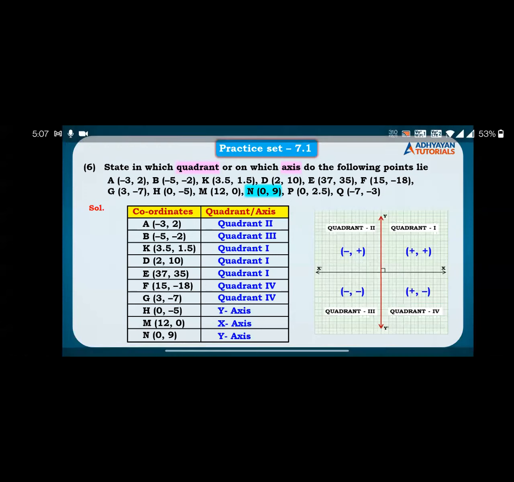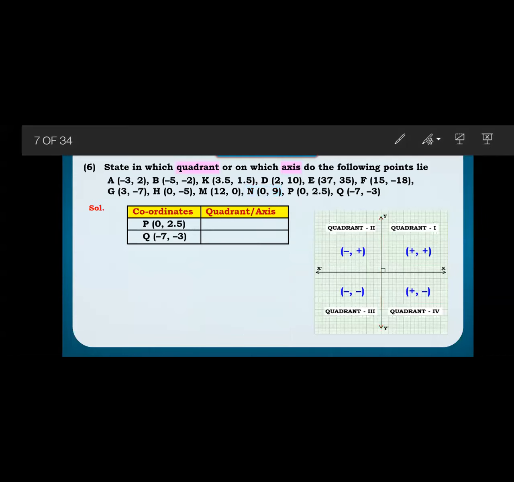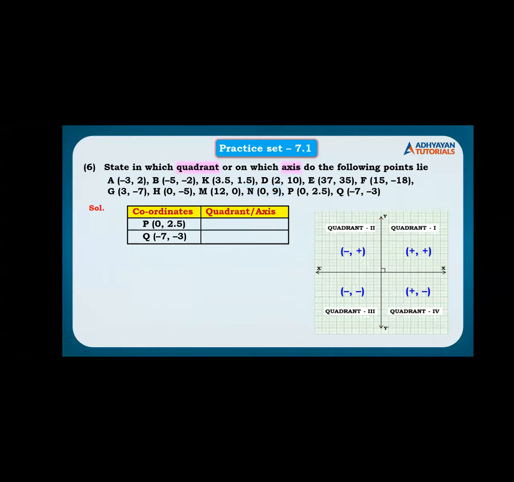So considering most of the students might have completed the sum, I'll be moving ahead now. Request all those kids who have not finished copying to take a screenshot. I hope that is done by now. Yeah, moving ahead. As I said, the other 2 points would be on the next slide. 0, comma 2.5 has to lie on y-axis. Minus, minus, negative, negative has to lie in the third quadrant, right?